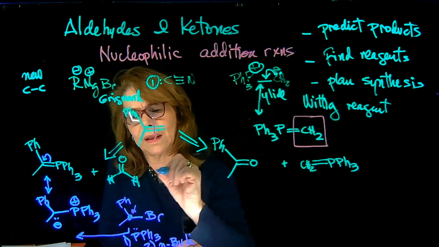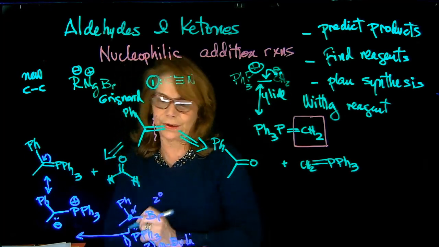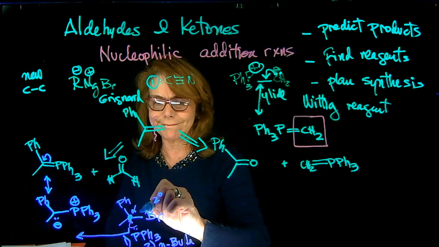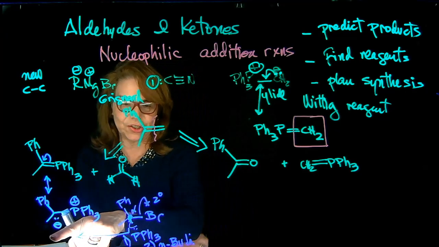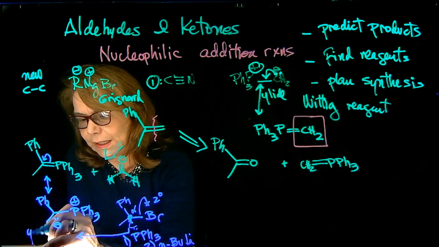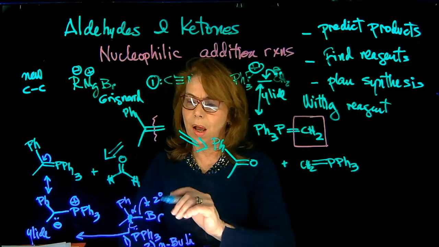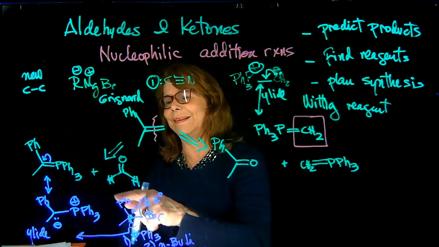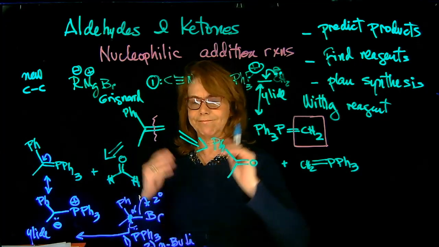And notice that this alkyl halide is secondary. So the first step will be doing an SN2 over here. And then I use butyllithium to remove one H and get my ylide. And that's the resonance structure. So I need to make the ylide from a secondary alkyl halide, and then I will put these two together and we'll make the alkene.